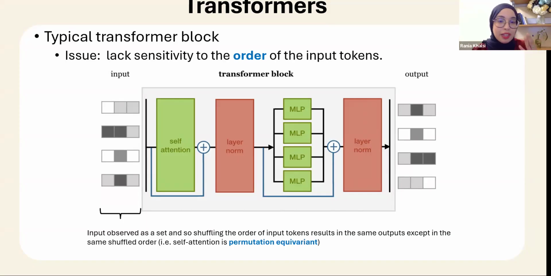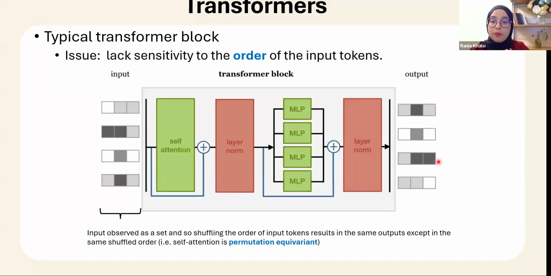However, let's say that the model is receiving the words in disorder, like "are, how, you", not "how are you", not in the right order. The output still is going to respect this disorder, which is something good after all.